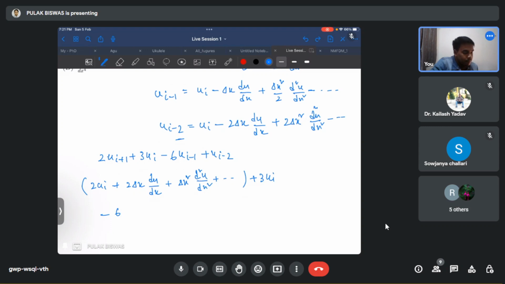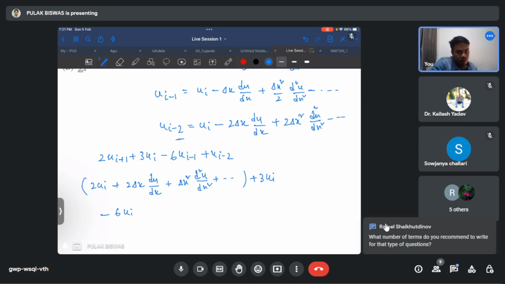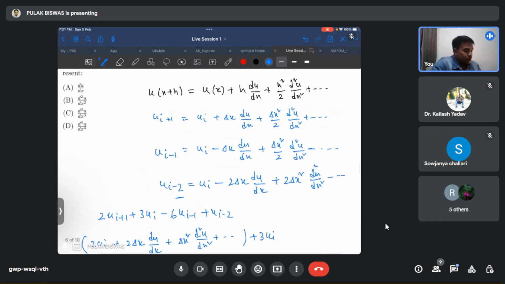Minus 6, this one. What number of terms do you recommend to write for that type of questions? Yeah, you can add one more term here, because it is up to fourth order, so you can keep one more term here.